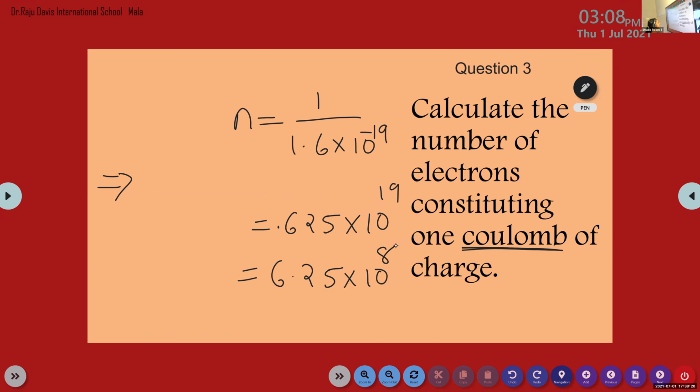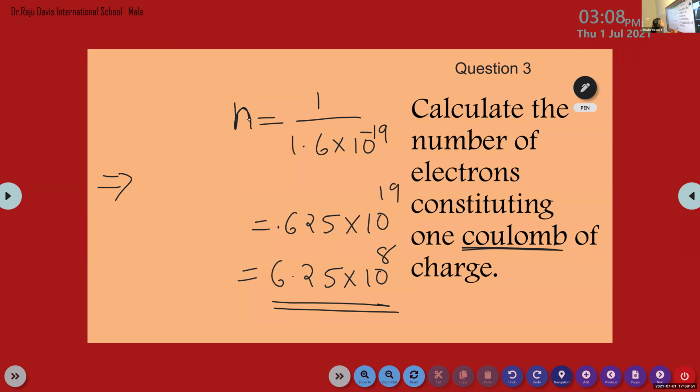Is there any unit for this? Here we are calculating the number of electrons present in 1 coulomb of charge. Is there any unit for a number?